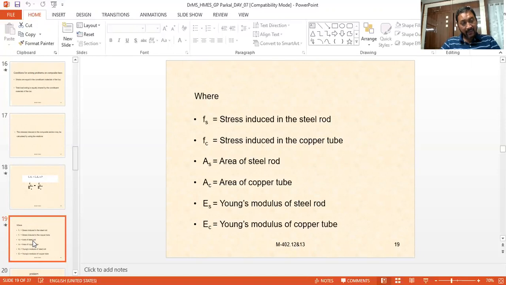When the material changes, automatically the Young's modulus also changes. Therefore, Young's modulus is different for the steel and copper, so that also we should take into consideration.